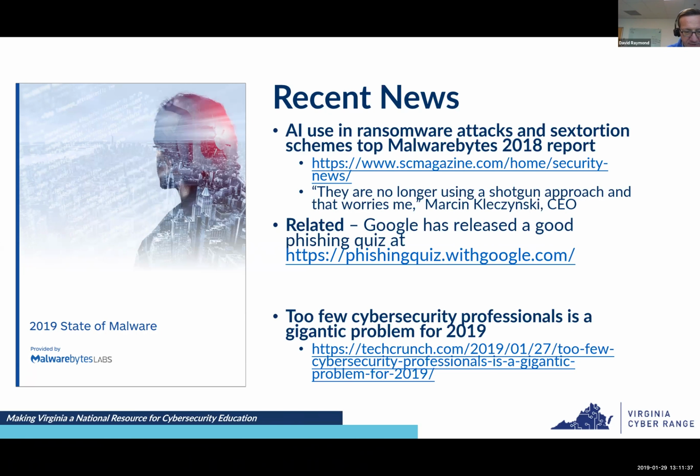The difference in them is based on the kinds of technology that the company does, right? So Malwarebytes is an antivirus company, and so their annual report talks about mostly malware and things that they've observed, and sort of the things that antivirus would hopefully protect against.